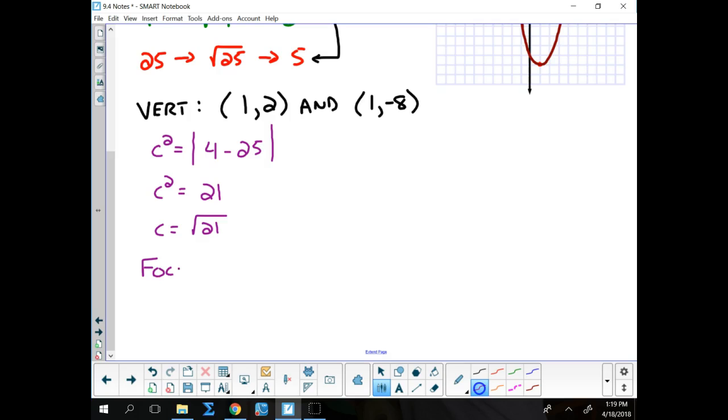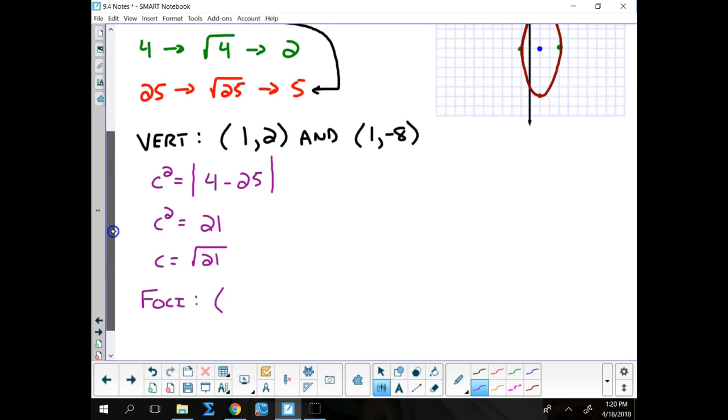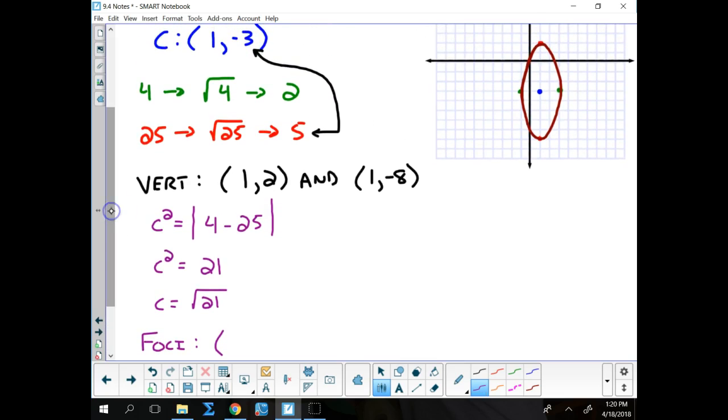See if I can get it in there. There's the center. Do we agree with 1 plus or minus the square root of 21, comma, negative 3? She said 1 plus or minus the square root of 21, comma, negative 3.